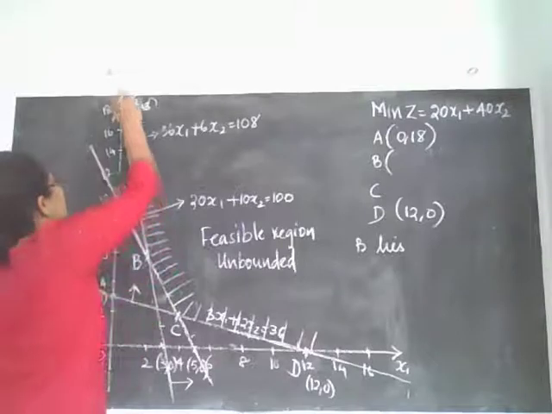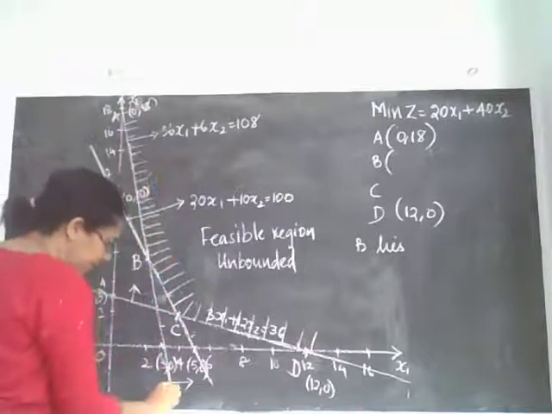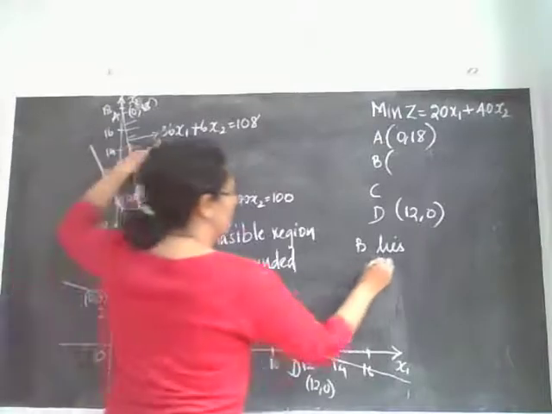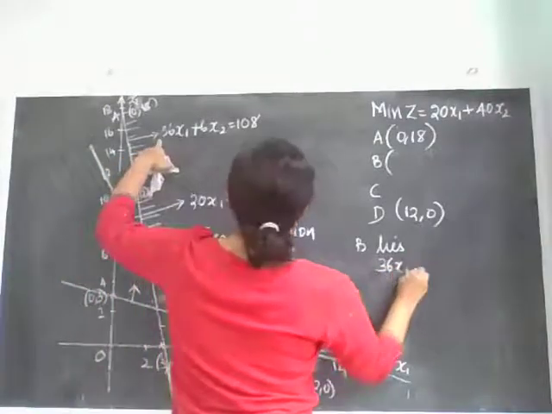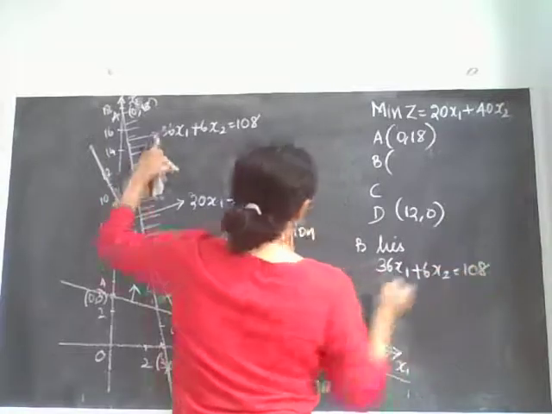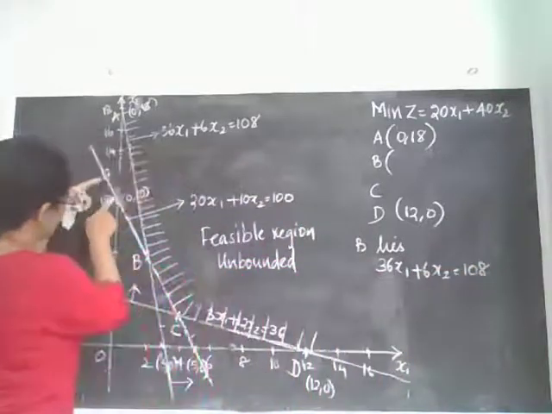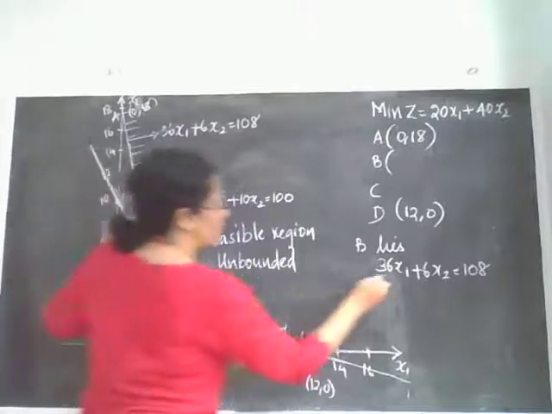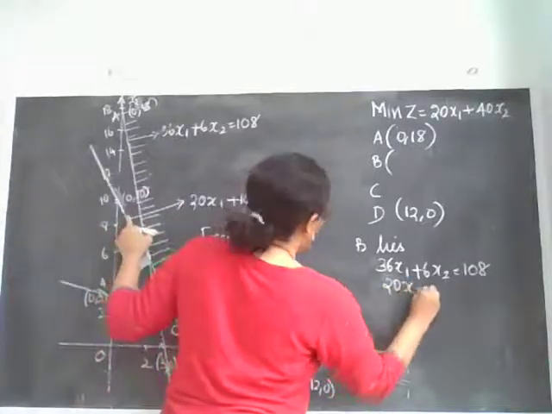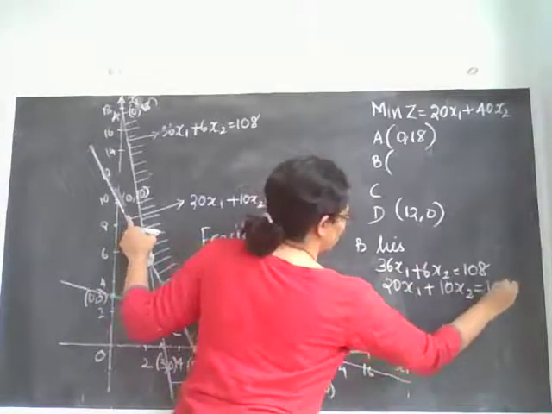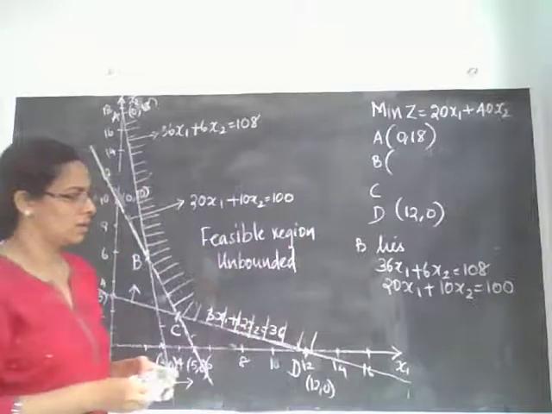Another E line, or another 36x1 plus 6x2 equal to 108, and the second line is this one, which is that line 20x1 plus 10x2 equal to 100.